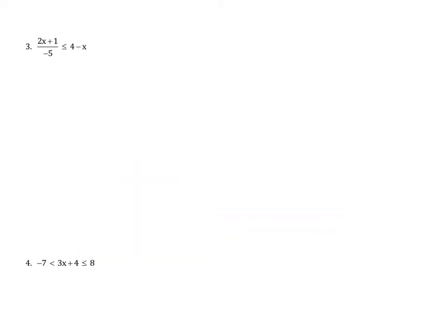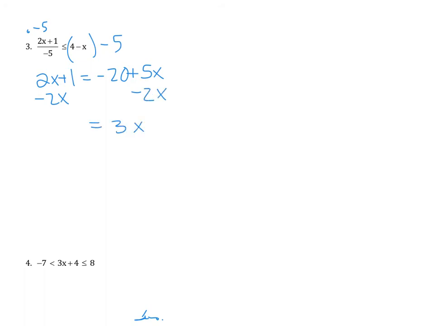Alright, let's go ahead and solve the next one. For this one, in order to get rid of the negative 5 in the denominator, I'm going to multiply both sides by negative 5. That's going to get rid of my negative 5 on the left, and on the right I'm going to distribute. So I've got negative 20 plus 5x. Now I'll move my x's to one side, numbers to the other.